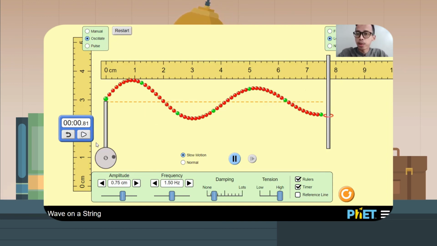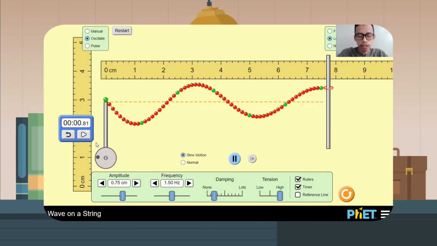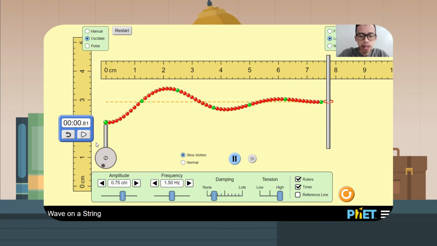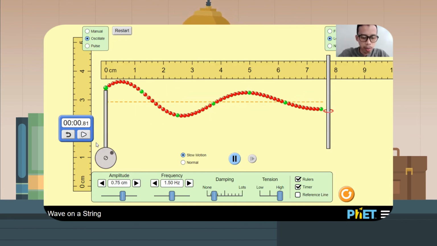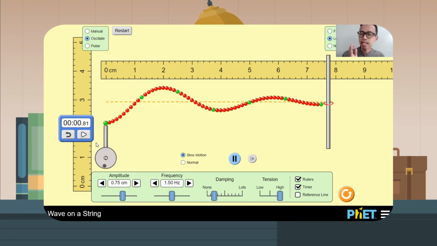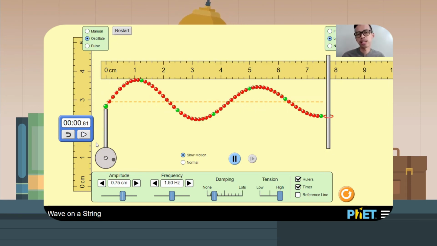So you can use your calculator to calculate the speed. The speed is distance per time taken, so 5 centimeter divided by 0.81. This is what I get: 6.2 centimeter per second.